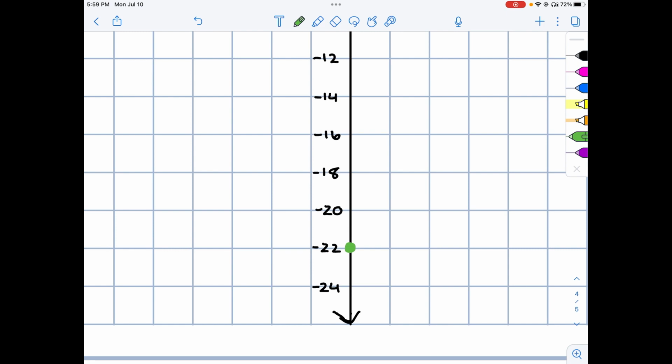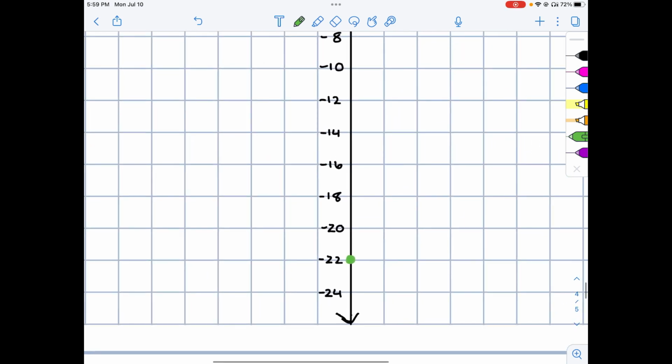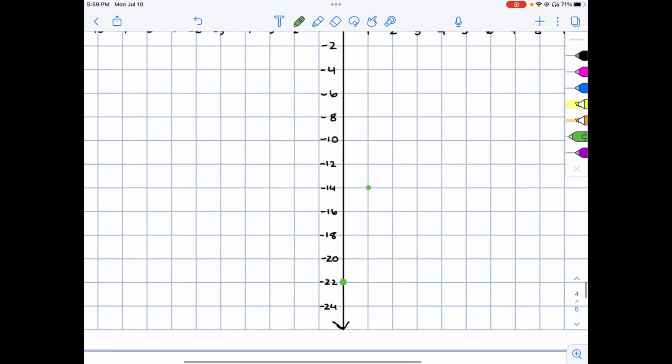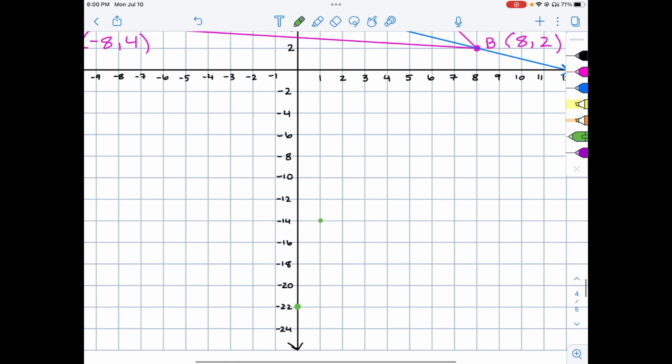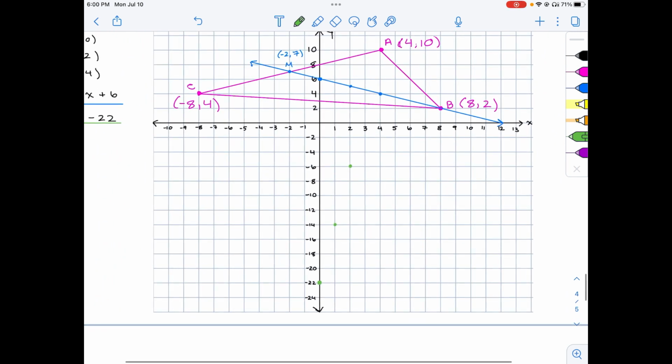Then my slope is 8, so I'm going up 8 over 1. Keeping in mind that each square is actually 2, I'm going to go up 2, 4, 6, 8 over 1, which is going to be here. I'm going to do just one more point, going up 2, 4, 6, 8 over 1 here. You could keep going until you get all the way to A, but we don't need to do that.